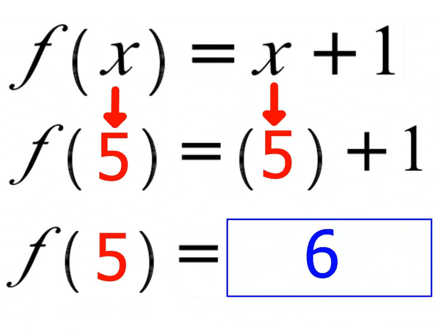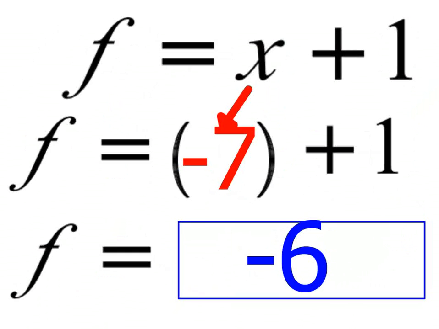But here's the thing. We want to be able to show what we're plugging in, and this is exactly why we have function notation. Notice before we just had f equals something, and we plugged in negative 7, but why did we plug in negative 7? In other words, why did it just automatically plug in negative 7?